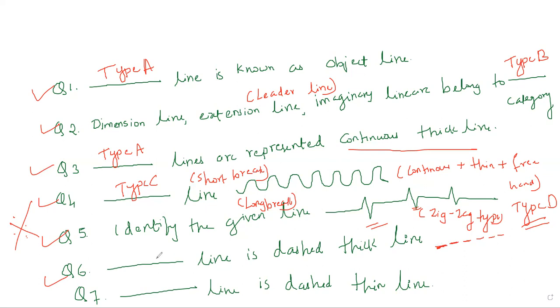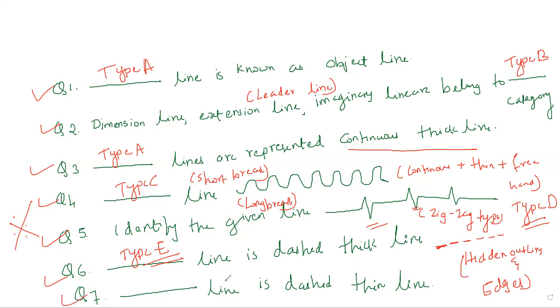Of course, this belongs to type E. Remember this: type E lines are also known as dashed thick lines. It usually represents hidden outlines and edges. You can note down: hidden outlines and edges.